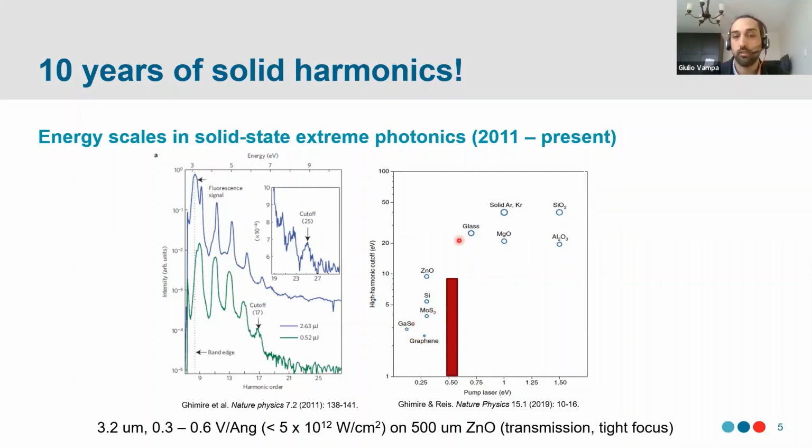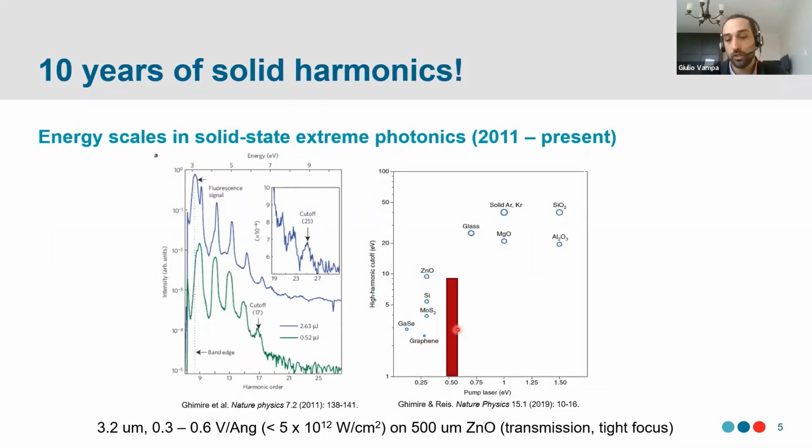So it's getting richer, and these tend to be emitting in the visible to vacuum ultraviolet up to about 10 eV. That would be zinc oxide, and they tend to be pumped also with longer wavelength drivers. The reason, again, is that if the bandgap is small, you want to stay away from 2-photon absorption, so that pushes your driving wavelength further in the infrared. So this is basically state-of-the-art.